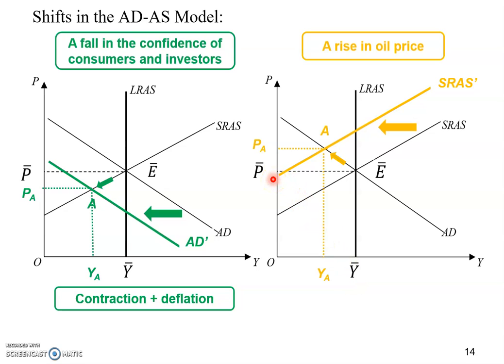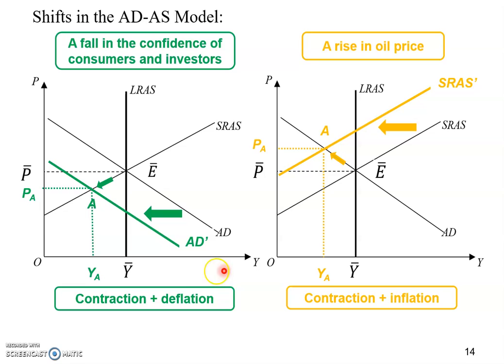But the difference here, different from the previous case, is that at point A, the overall price level is higher than P bar. So the economy experiences inflation. So this is a combination of contraction and inflation.